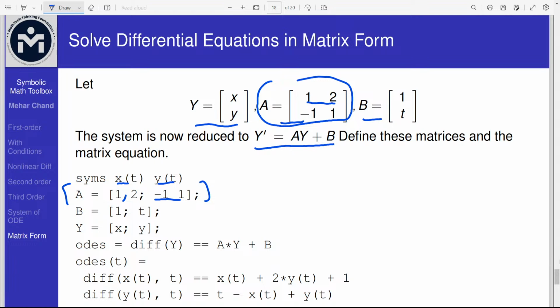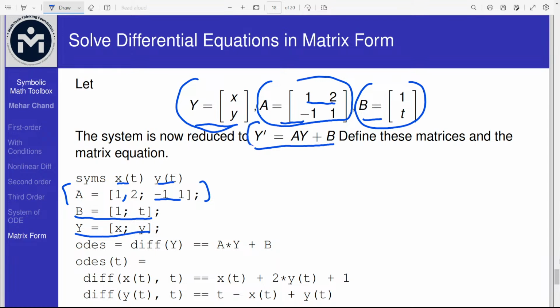It depends upon you. And for the B matrix, we have this syntax in MATLAB: B is equal to 1 semicolon t. And the Y matrix, Y is equal to x semicolon y.